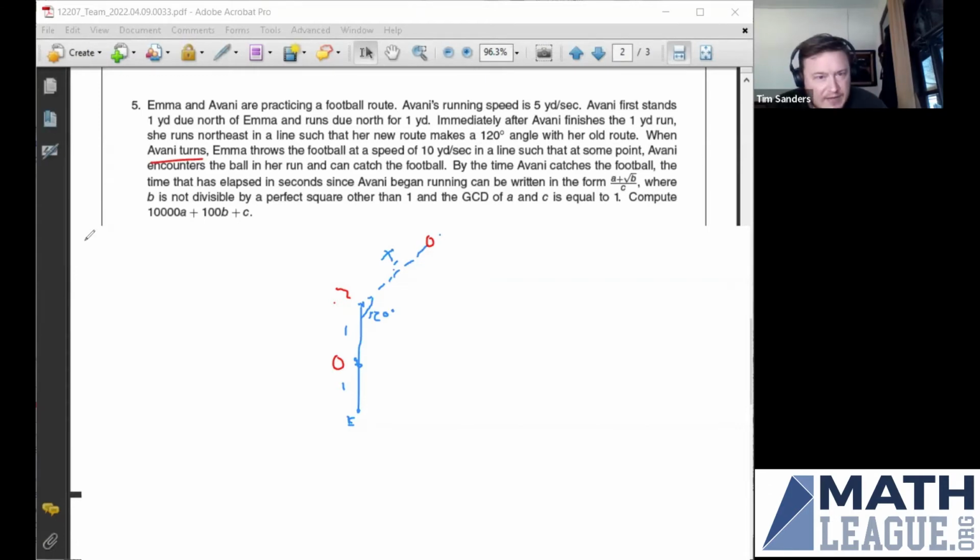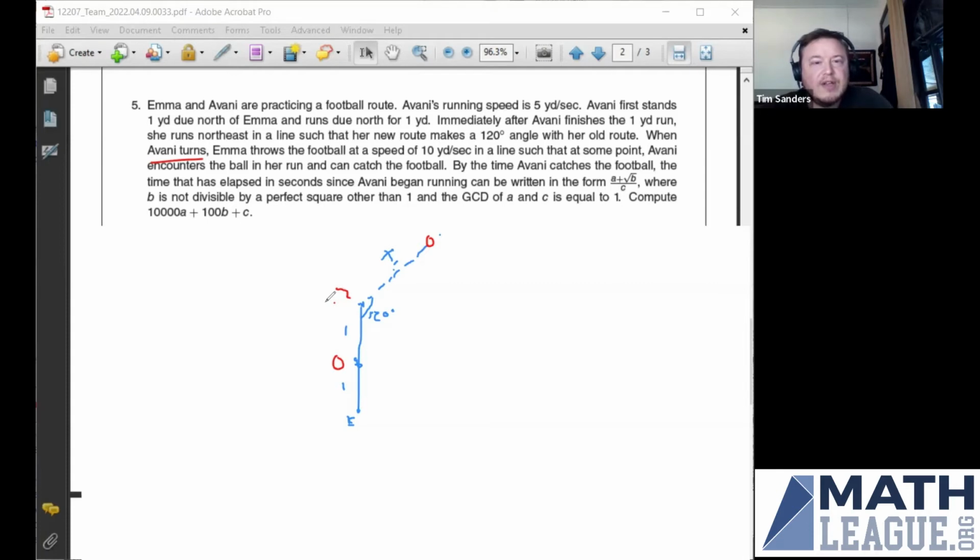Because I can then express the time, because if we're traveling an extra x yards, it looks like we're doing here. If I travel an extra x yards, then that's going to be x over 5 seconds plus the 0.2 that we had here.